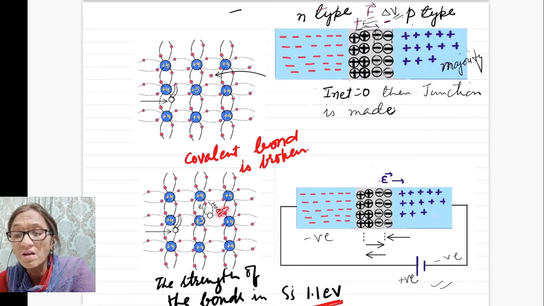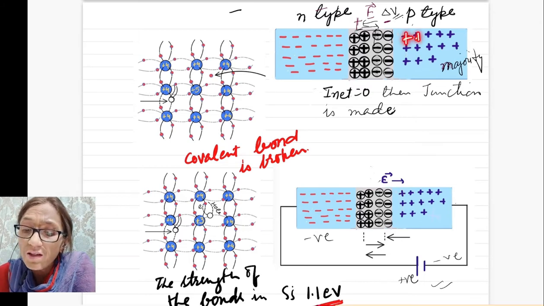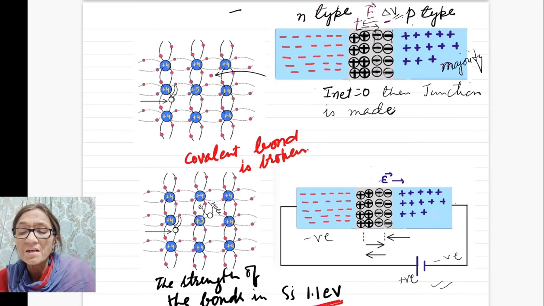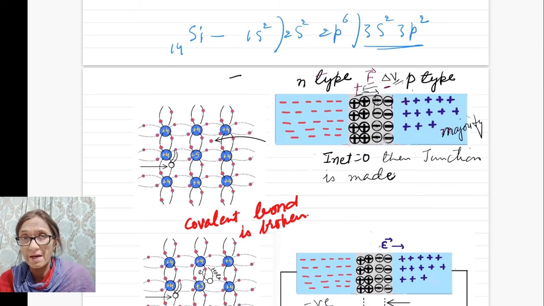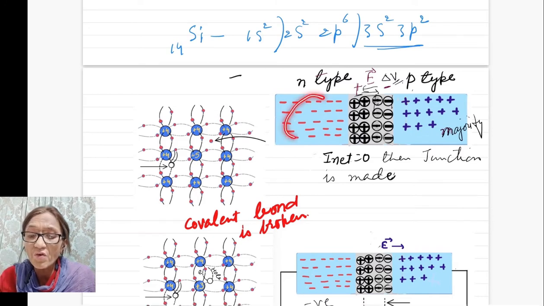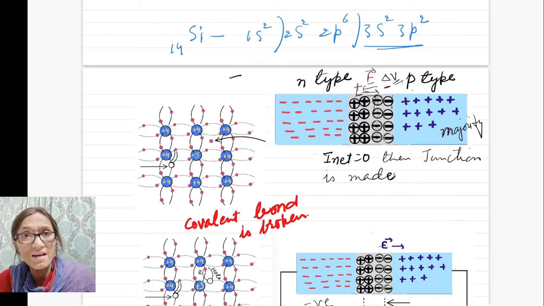That is a hole, and this is taken as a positive charge. So all the positive charges are along another side. Now see what happens. Here you have a large concentration of electrons in the n-type semiconductor, and on the other side you have a large number of holes.